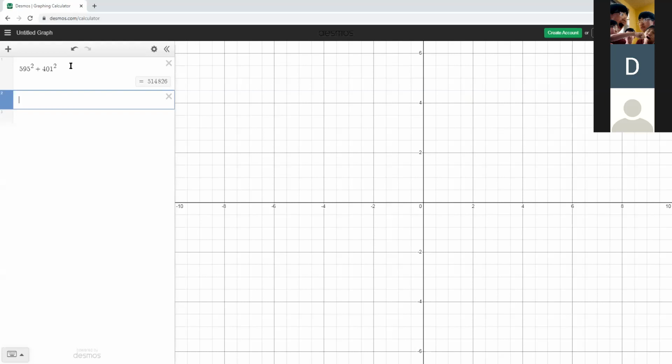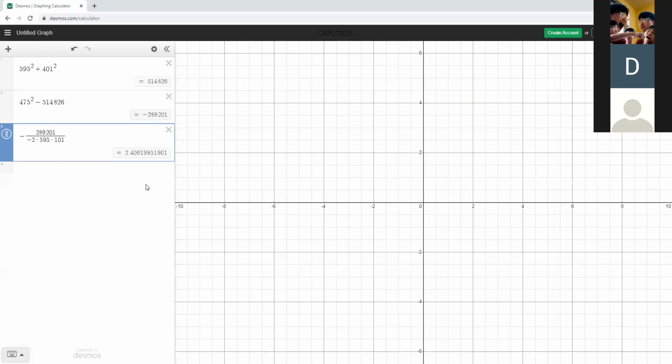All right, we got 475 squared, and we're going to be subtracting that quantity. So let me copy and paste that. That's negative 289201. Next, we're going to take this number and divide it by negative 2 times 595 times 101.